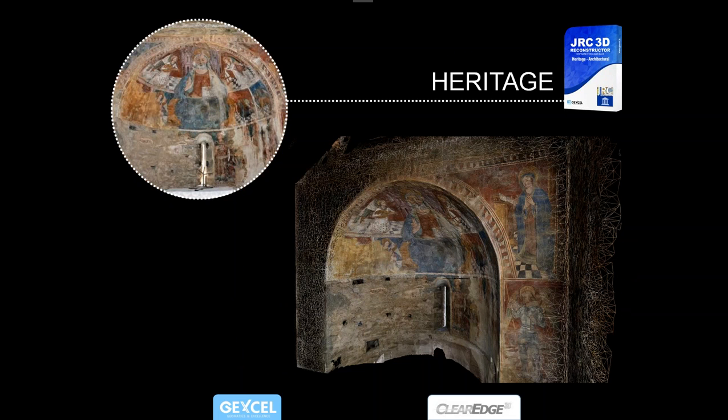And we also have tools for heritage or architectural applications, with the capability to map high resolution images, including spherical images, on top of meshes that we can extract out of our point cloud.